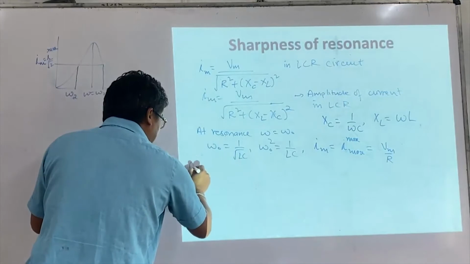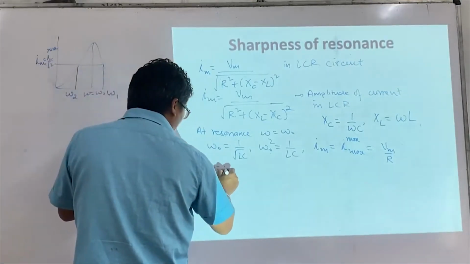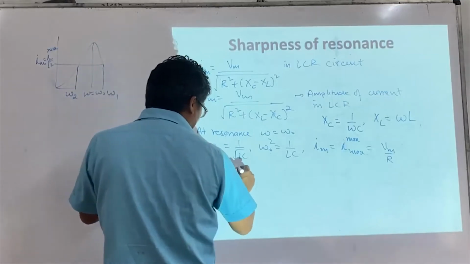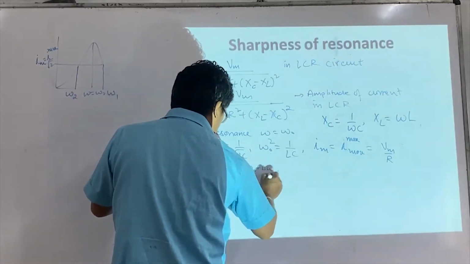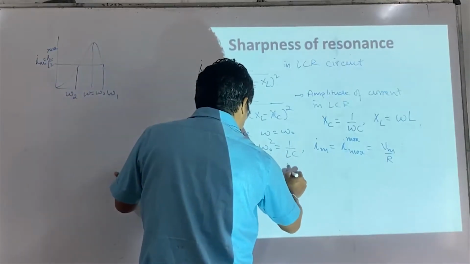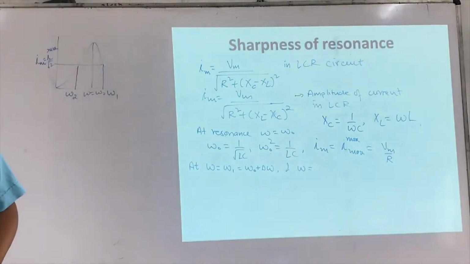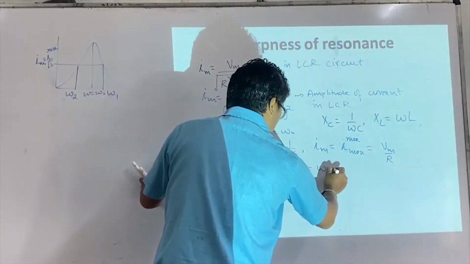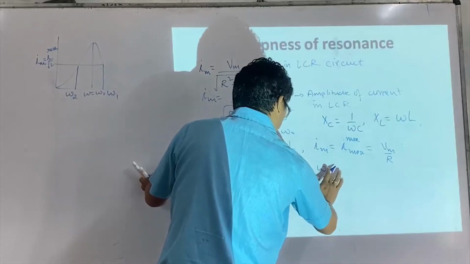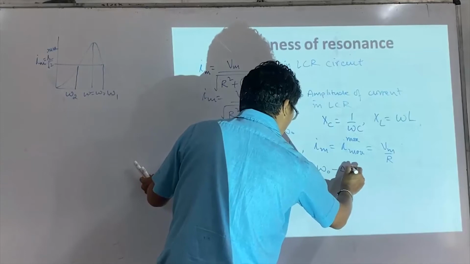Now I choose two frequencies: omega 1 is equal to omega naught plus delta omega, and omega 2 is equal to omega naught minus delta omega.